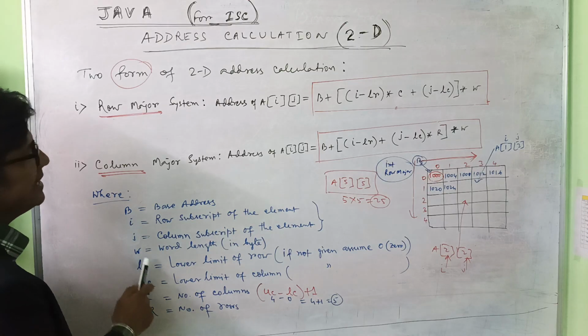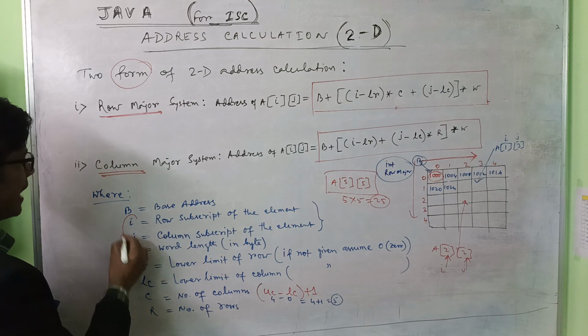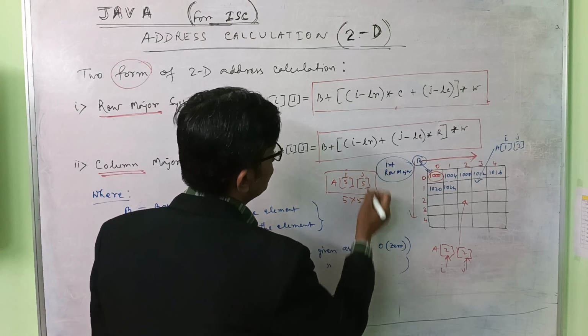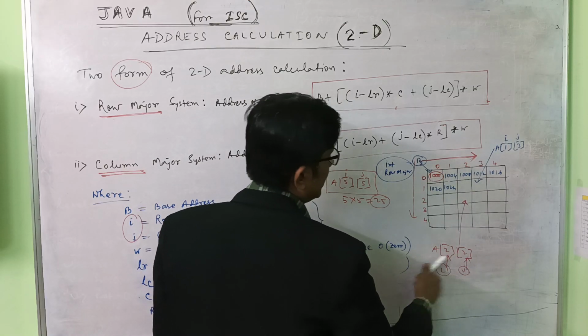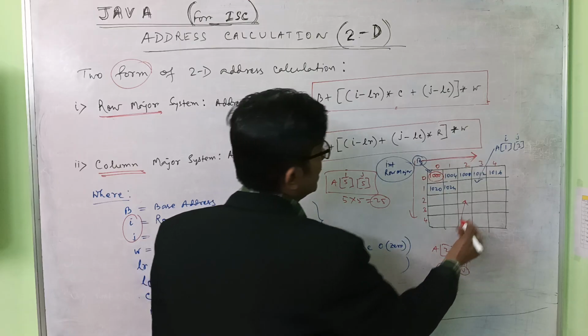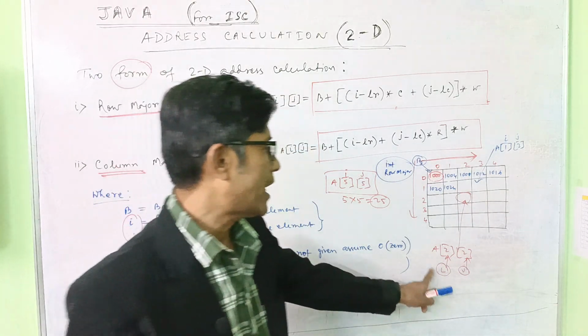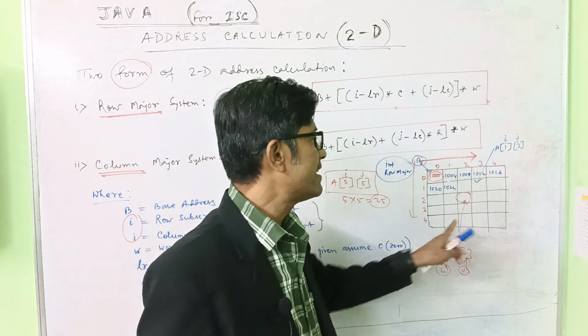Now the index I, J. What is I, J? An array we declare like A, I and J, suppose A 2, 2. That means this position is the index. If your array index I J is 2, 2, what is the address?